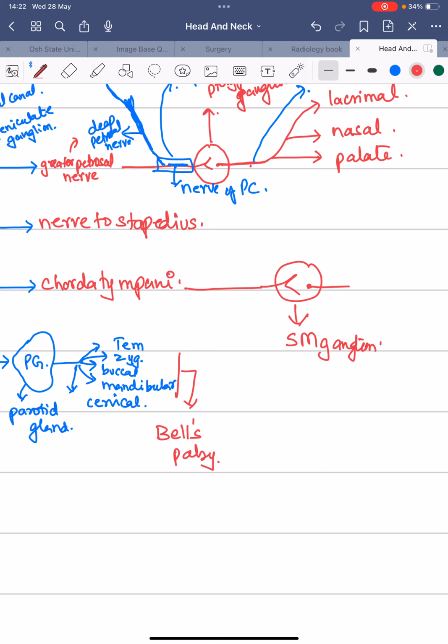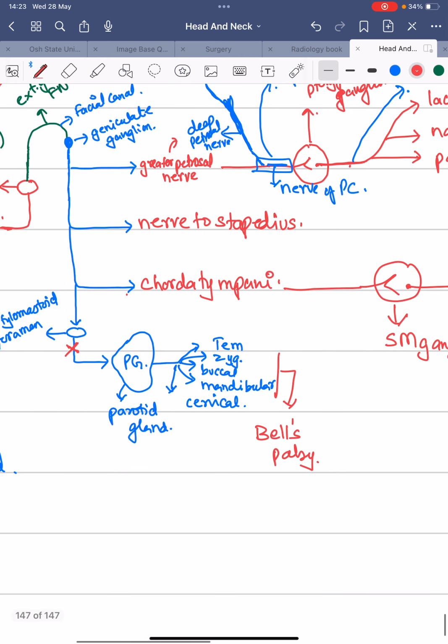Okay, so chorda tympani, please remember, arises from the facial nerve in the facial canal. And it contains preganglionic parasympathetic nerve fibers.